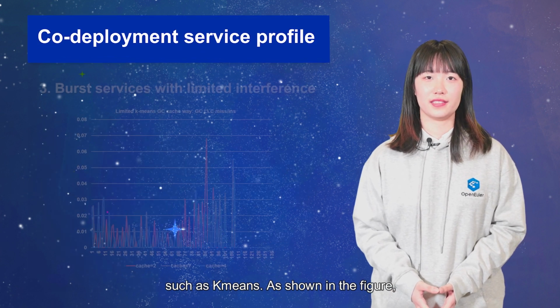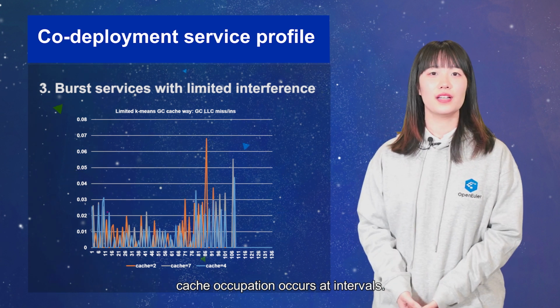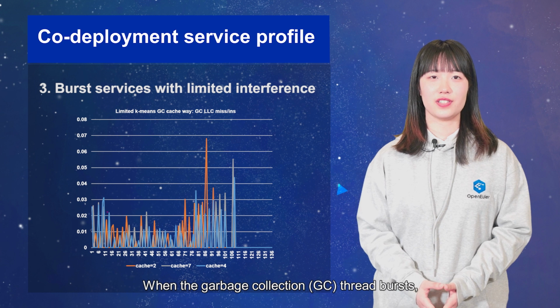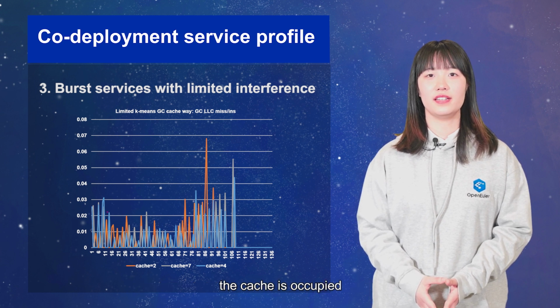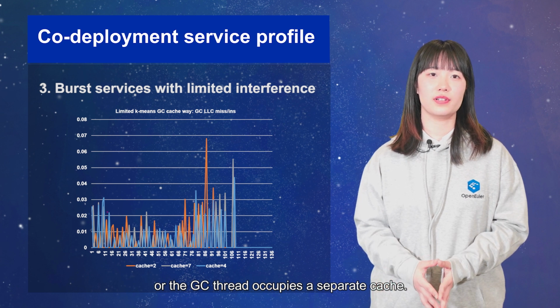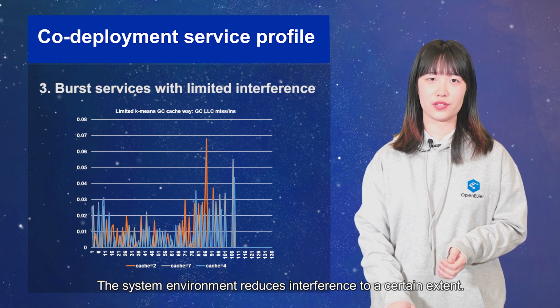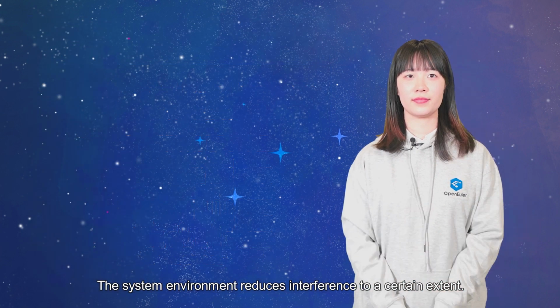As shown in the figure, cache occupancy occurs at intervals. When the garbage collection GC thread bursts, the cache is occupied or the GC thread occupies a separate cache. The system environment reduces interference to a certain extent.